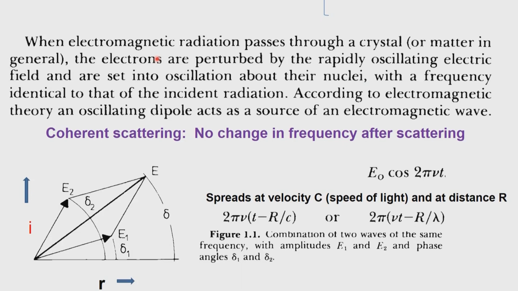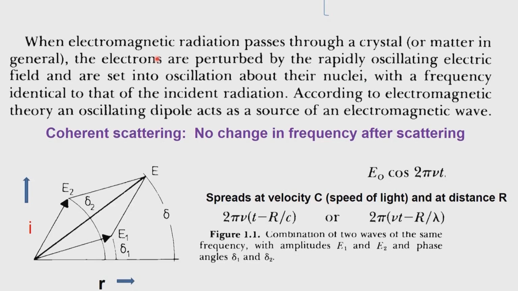Since these electrons are connected to the nuclei, the nucleus and the electron density get disturbed in such a way that there is a displacement of the positive and the negative charges, and this displacement causes a dipole, and this dipole now oscillates with the incoming radiation, and therefore it emits its own radiation. And we have already made an assumption, as I mentioned, that it is coherent scattering.